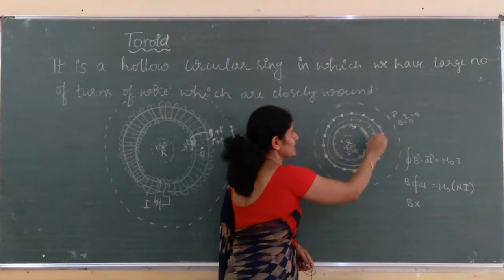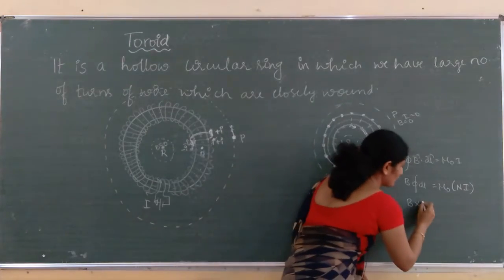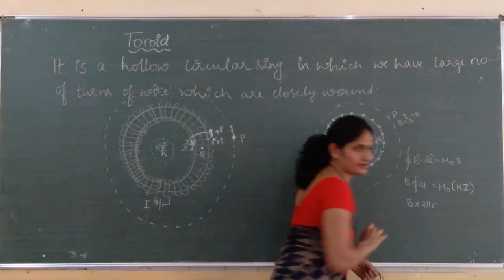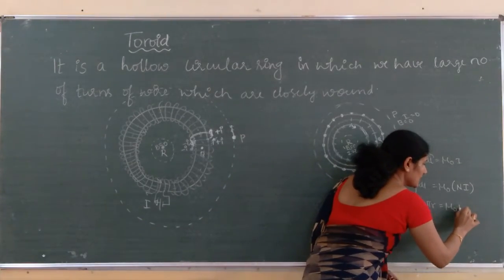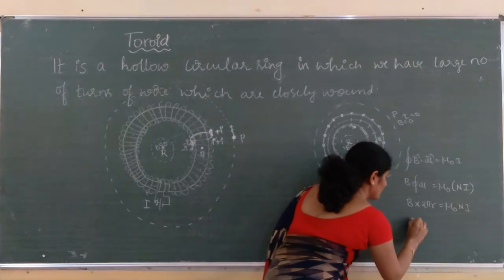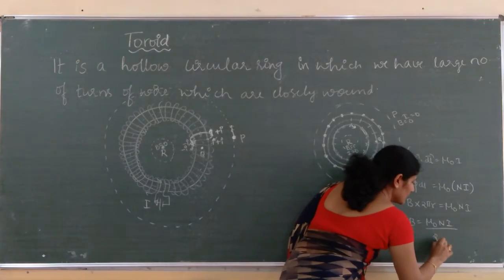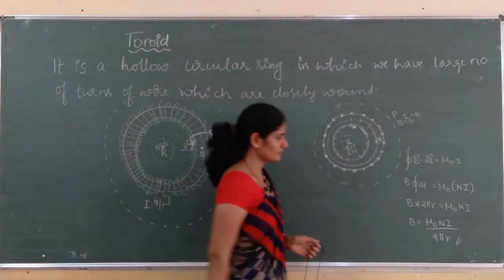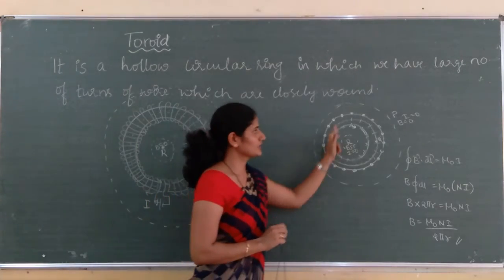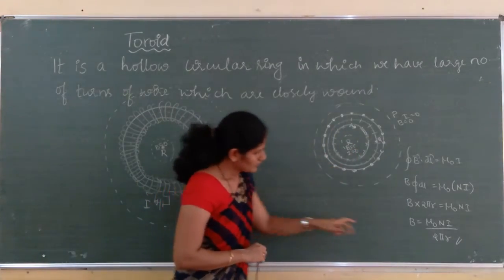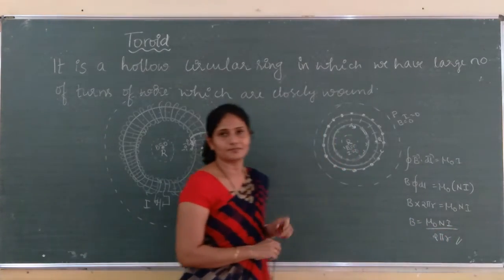So, the integration of dl is nothing but the circumference of the circle, which is 2 pi r, where r is the radius, equal to mu naught N into I. So, B is equal to mu naught N I divided by 2 pi r. This is the expression for magnetic field inside the toroid. Here mu naught is the permeability and I is the current.